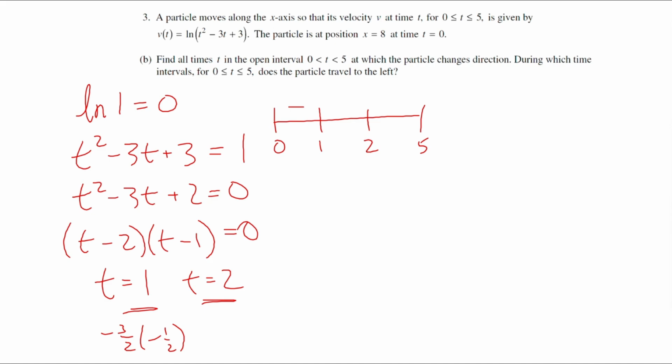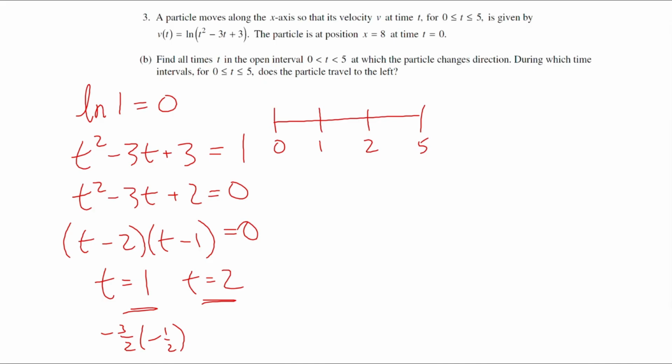Is that right? I think I did that somehow incorrectly there. What did we put in? We put in 1/2.